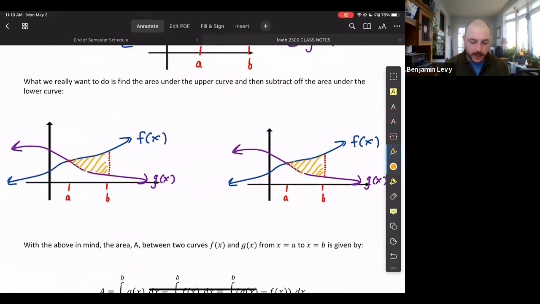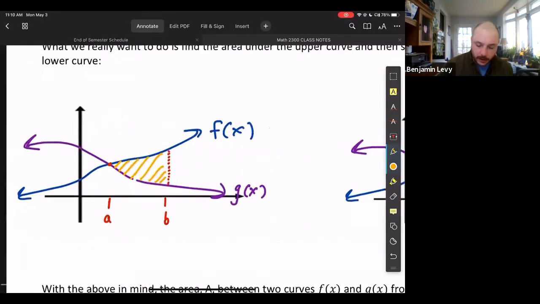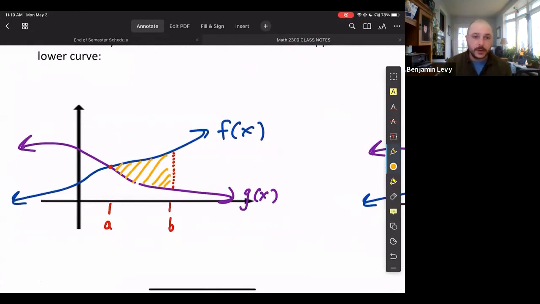And so the idea then is we would want to find all of the area between the 2. All of the area under F. So let me go ahead and delete some of these things here. We really want to find all of this. Right, that would be all of the area under F.